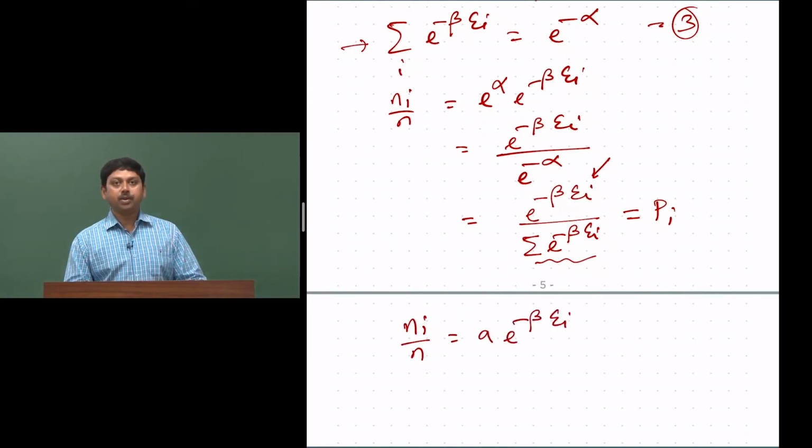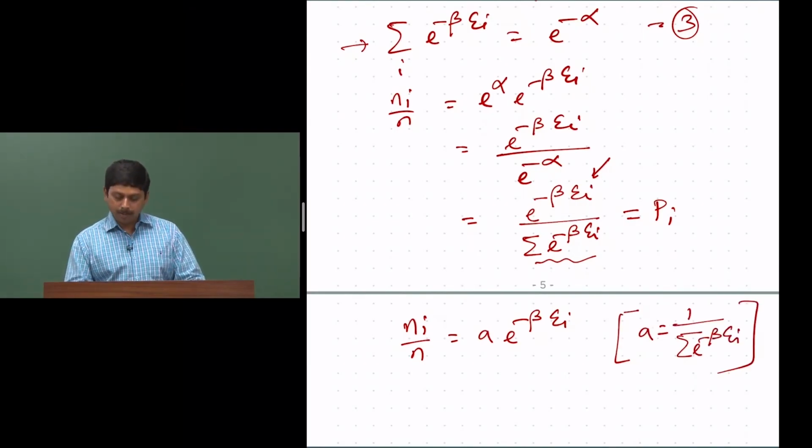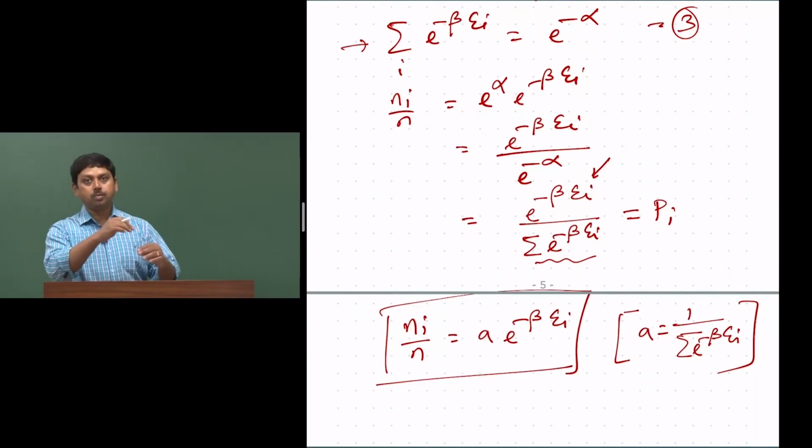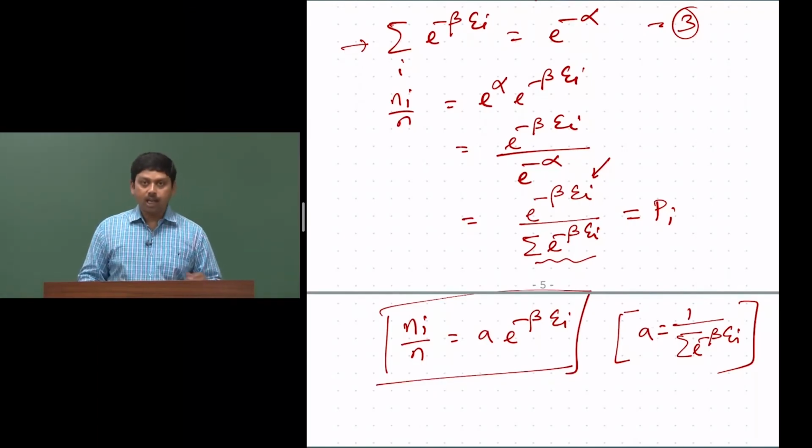Remember this expression when we calculate the statistics from Maxwell-Boltzmann. Here A is nothing but 1 by the sum over e to the power minus beta Ei, which is a normalization constant. So, this is the Maxwell-Boltzmann distribution that we got from the statistics by putting labels on the particles.